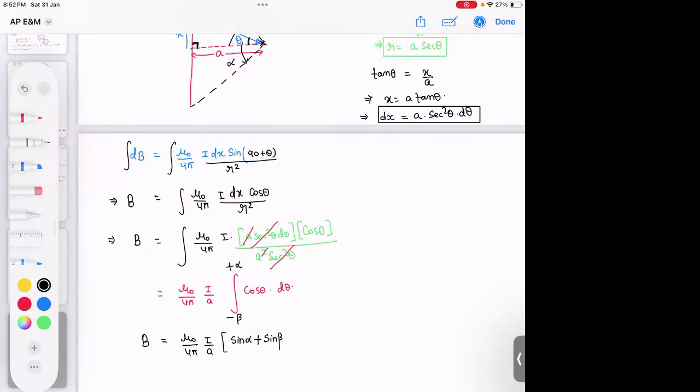Sine minus beta is minus sine beta. So this is the magnetic field due to a straight conductor. How much is that? Mu naught by 4 pi I by A into sine alpha plus sine beta. Clear?